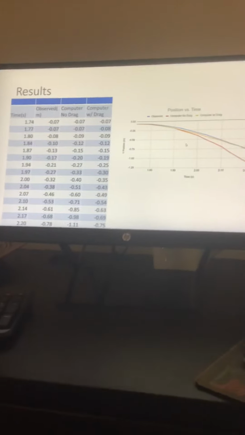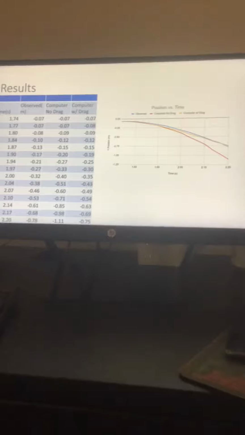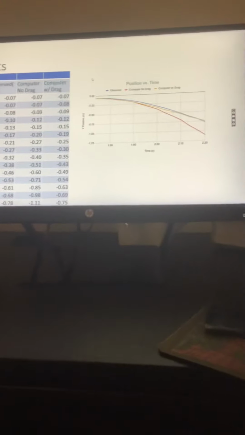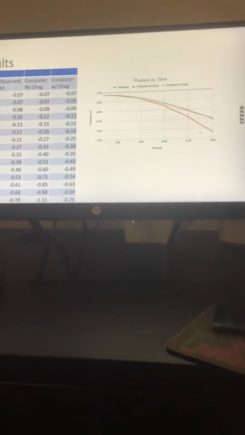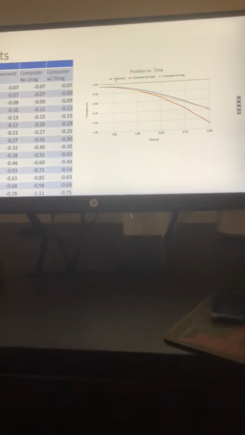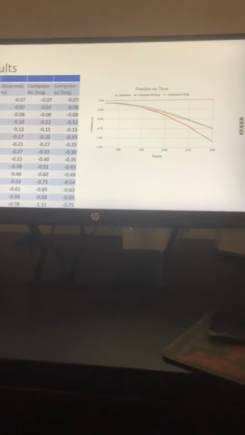The results show that the observed data was most similar to the computer model that incorporated drag compared to the one with no drag. But the similarity they have is that the change in position, sure, it's getting more negative, but it grew exponentially in a sense, and that's because the velocity is increasing constantly, increasing linearly due to a constant net force.